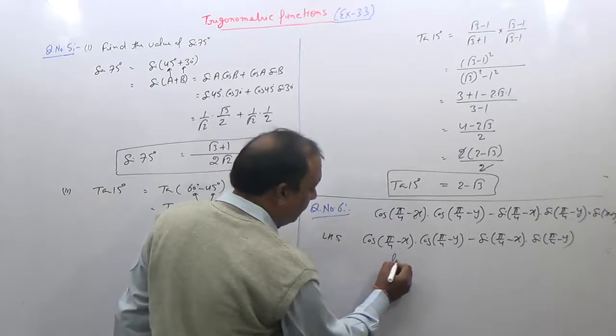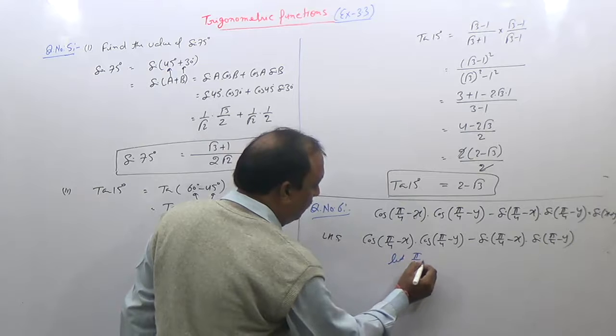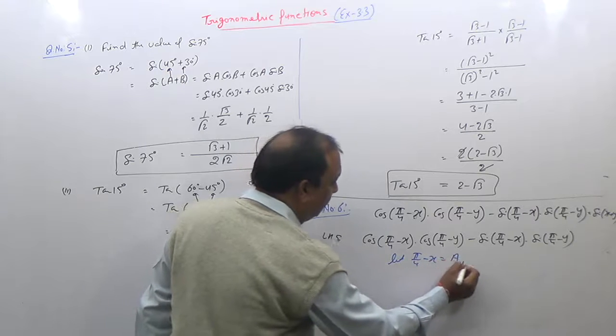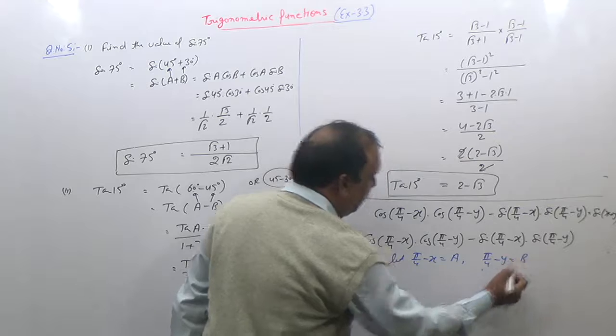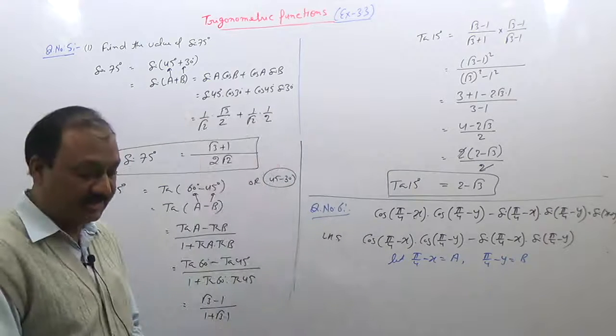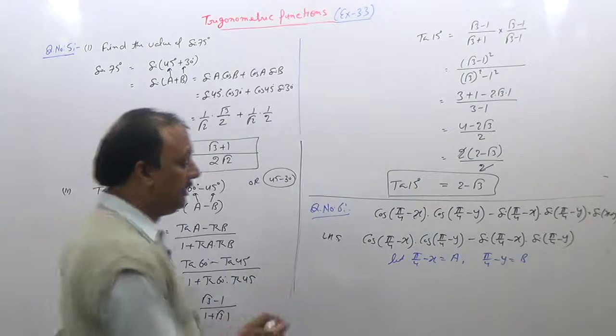So let π/4 − x be A and π/4 − y be B. ये हम पुट कर लेते हैं, दो एंगल है रिपीट हो रहे.